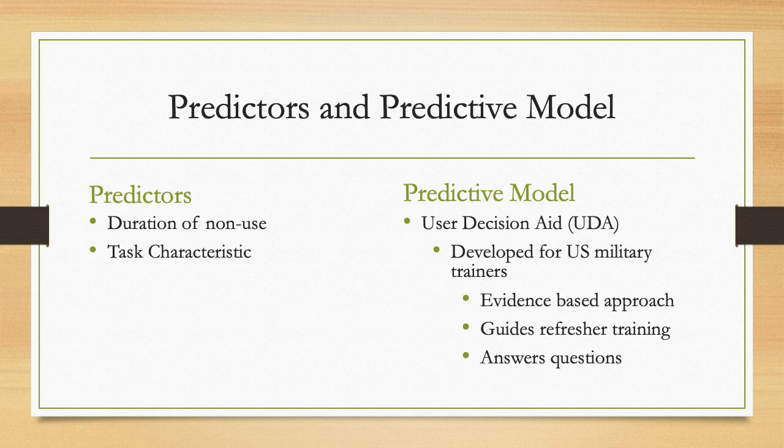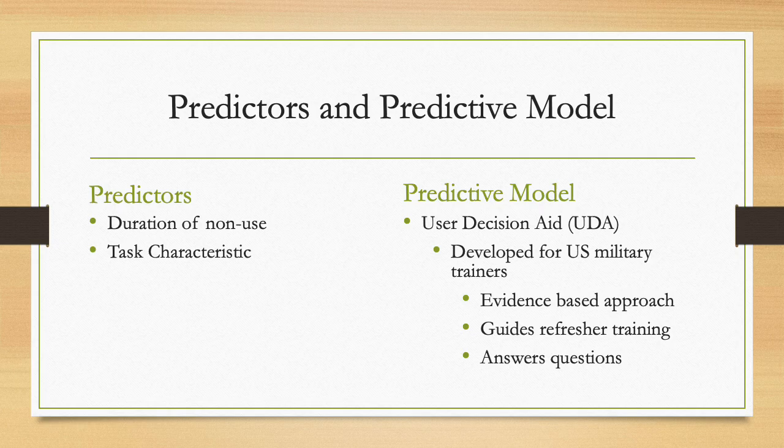Well, in 1984, Rose and colleagues developed this predictive model, and it was designed specifically for U.S. military trainers. It was an evidence based approach that got us to refresher training that might be needed, along with us asking questions such as, what tasks might likely be retained or lost due to skill decay?